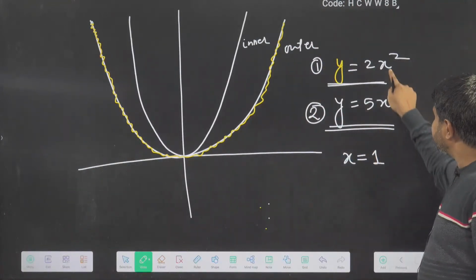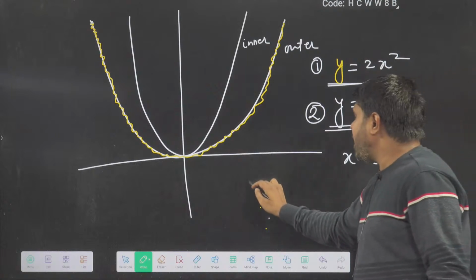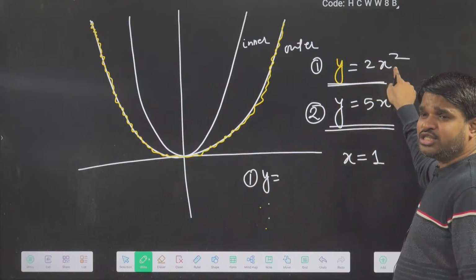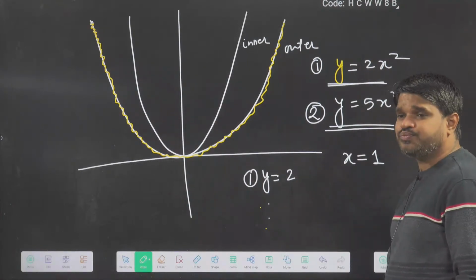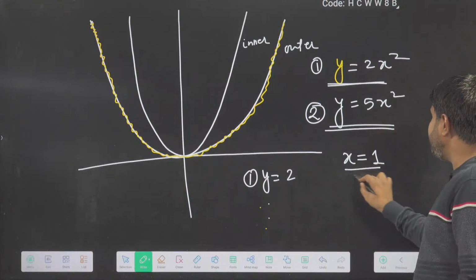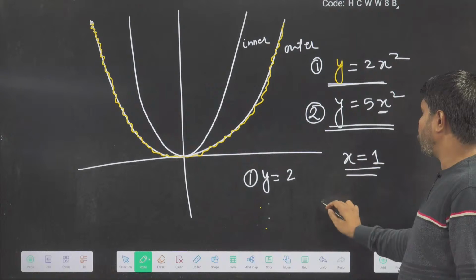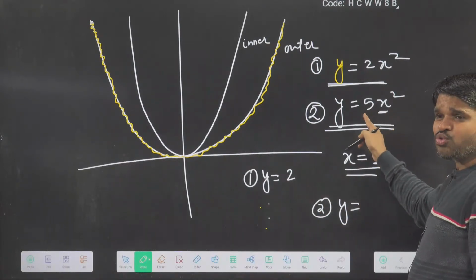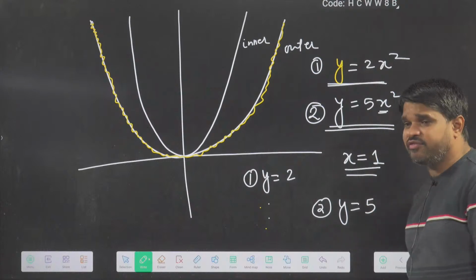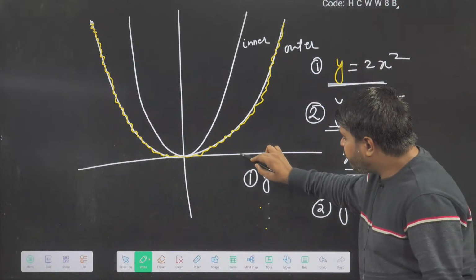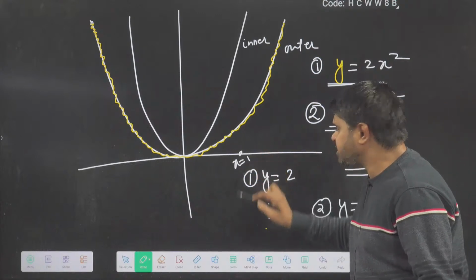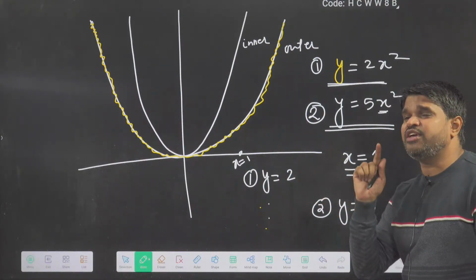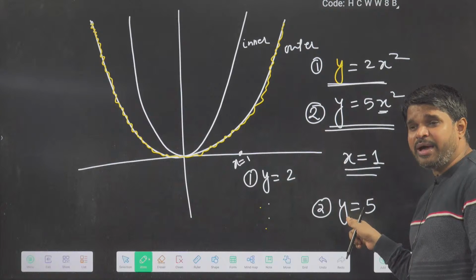If I put x equals 1, then parabola number 1 gives what value of y? 1 square into 2 becomes 2. If I take x equals 1 in the second parabola, y equals 1 square into 5, that is 5. So for the same value of x, which parabola is giving the higher value of y? The second parabola.